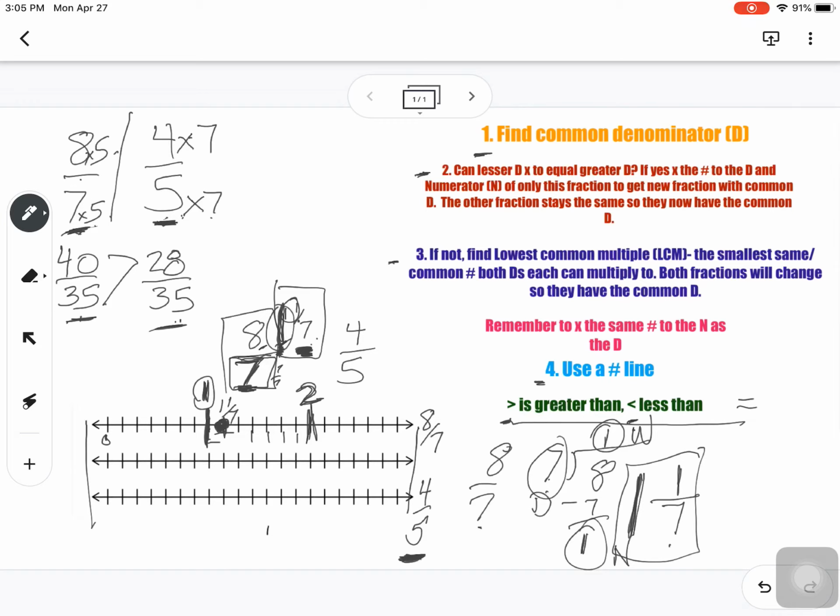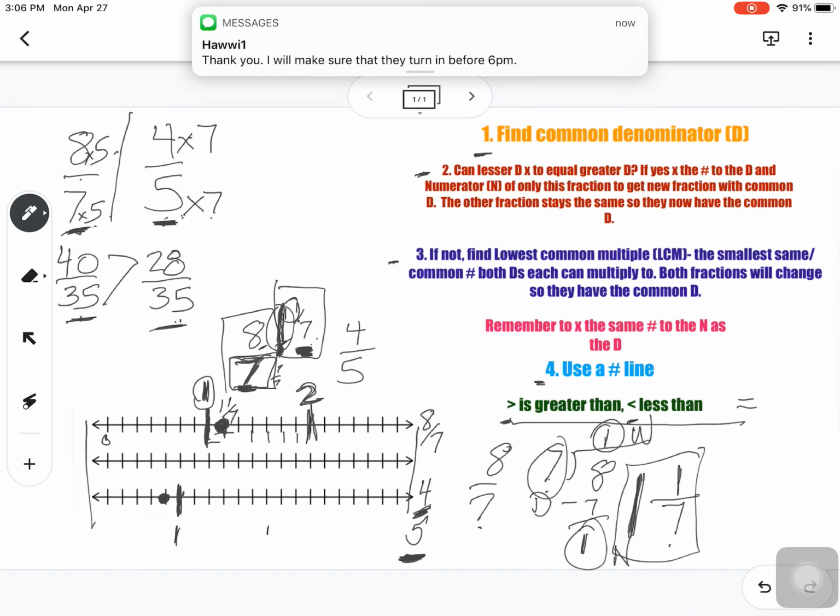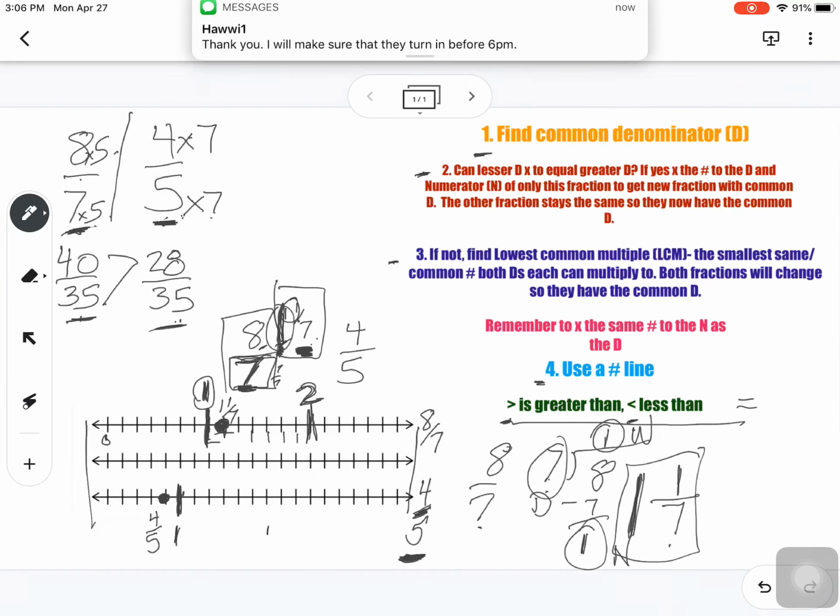So 1, 2, 3, 4, 5. So where I would write down 1 whole would be here, and it's divided into 5 here. So out of the 5 parts of that whole, 4 of them are used, and I counted out 1, 2, 3, 4. So that's where 4/5 would be.